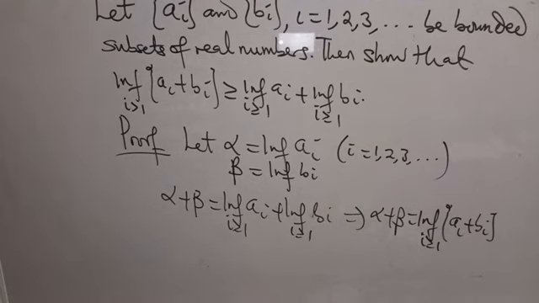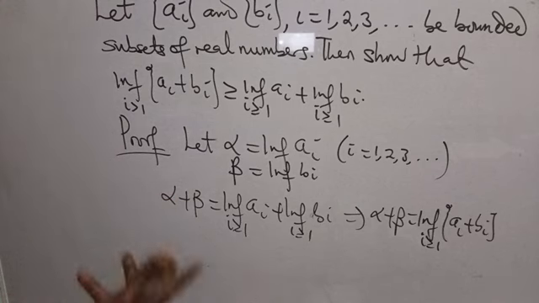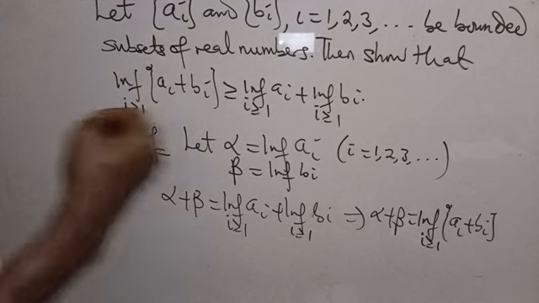Okay, and we have said that alpha plus beta is the infimum. Before we can talk about the infimum of a subset of a set, we must remember that a set that has the infimum must first of all have a lower bound. And we remember that the infimum of a subset of real numbers is the greatest lower bound.